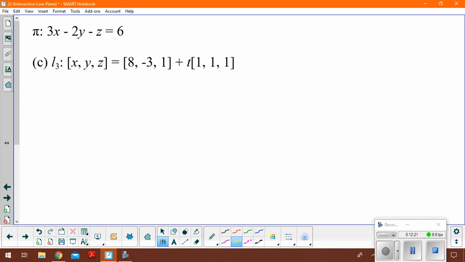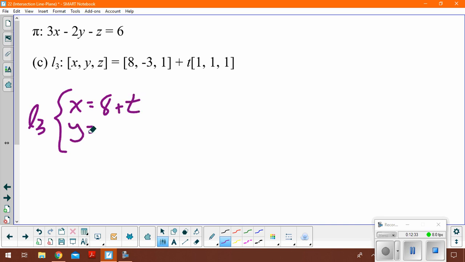So parametric form. Okay, line 3 is x equals 8 plus t, y equals negative 3 plus t, and z is equal to 1 plus t. Okay, I run that into the equation.